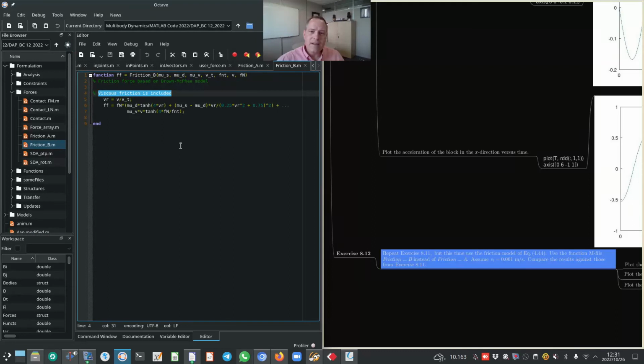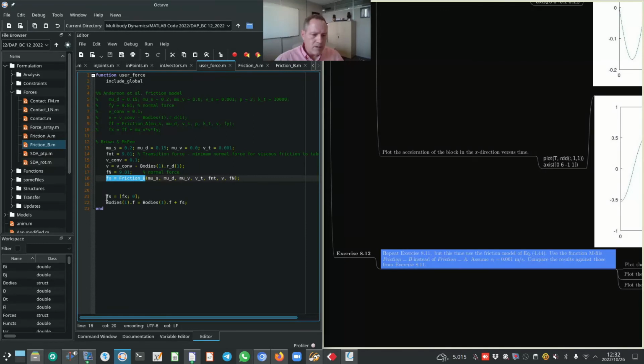It's basically a coding of equations 444 and 445, so nothing strange there. The last part of my user force input file is exactly the same as before, where I say that the spring force has an X component, no Y component, and the external forces acting on body 1 are then appended with this spring force. Okay, so that's how that is done.